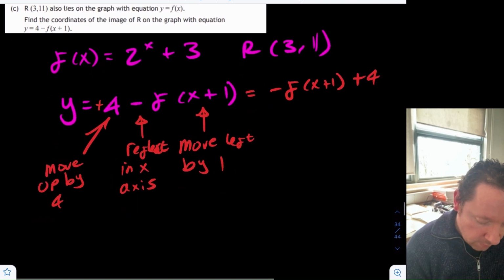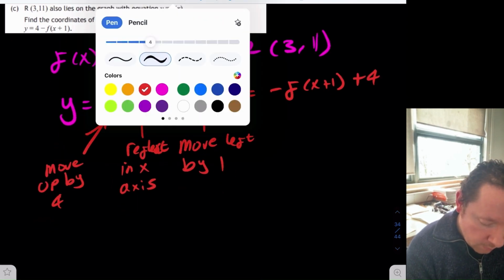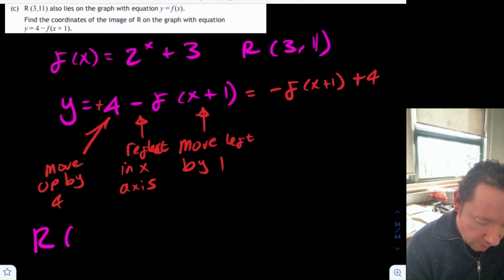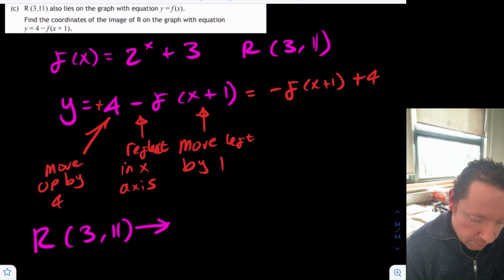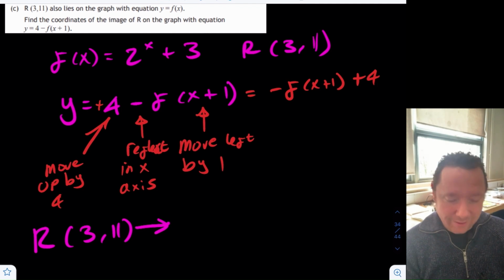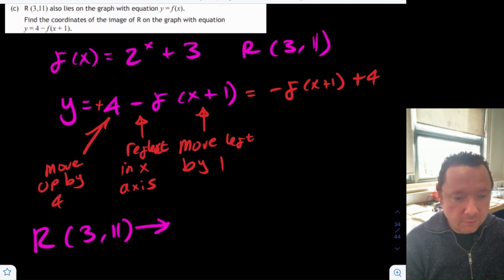So that means we've got our R, which was (3, 11). So doing the things in the correct order, we apply our reflection, and then we move to the left, and then we move up.